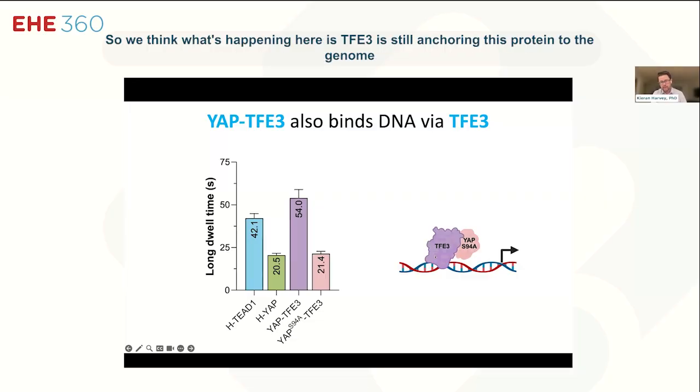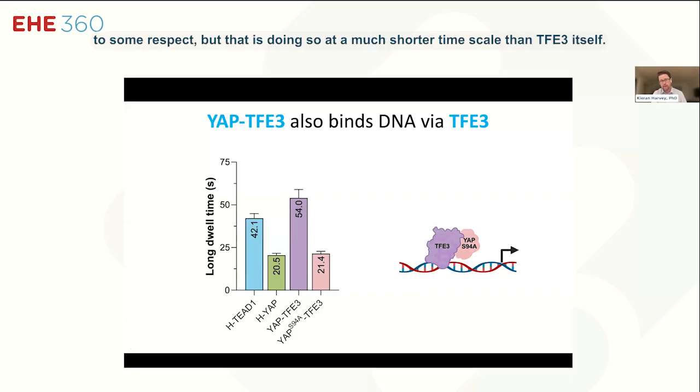So we think what's happening here is TFE3 is still anchoring this protein to the genome to some respect, but it is doing so at a much shorter timescale than YAP-TFE3 itself.